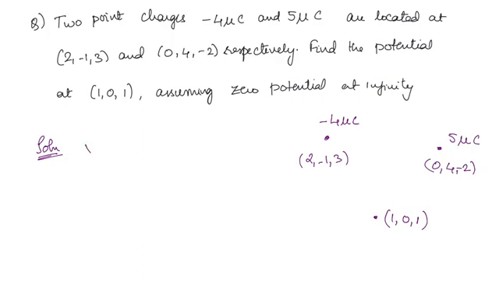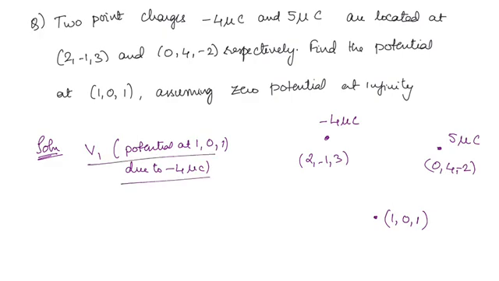So let V1 be the potential at (1, 0, 1) due to minus 4 microcoulomb. Potential due to a point charge is given by Q by 4 pi epsilon naught R, because it is in free space.